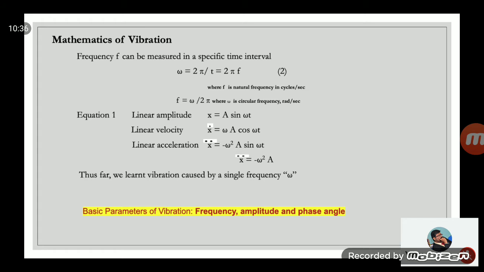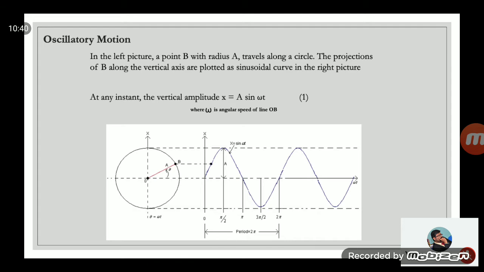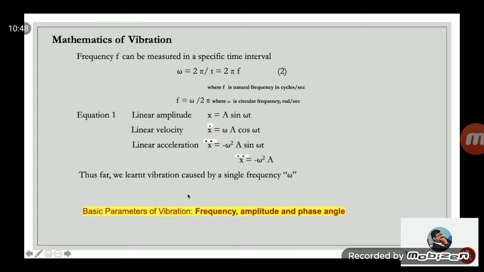Okay. So omega is a rotating frequency. Like I just showed, this is the rotating frequency here around this. Okay. And we are equating the rotating frequency to another frequency. It's called natural frequency, 2 pi f. If you know the period, you can calculate frequency as well. Okay.